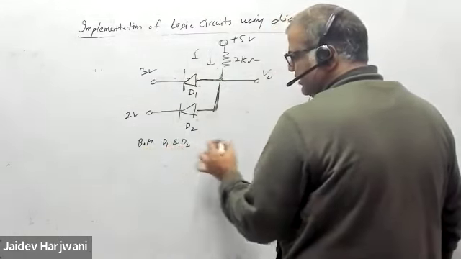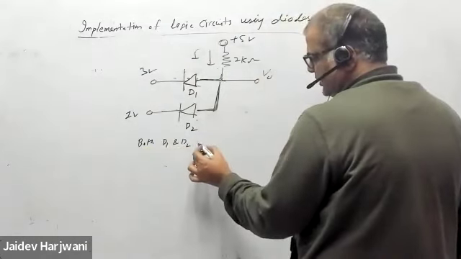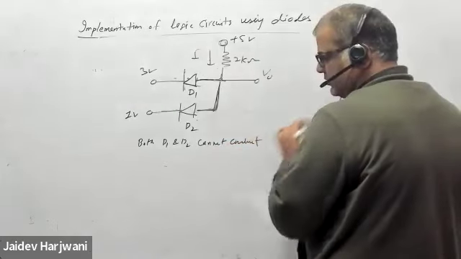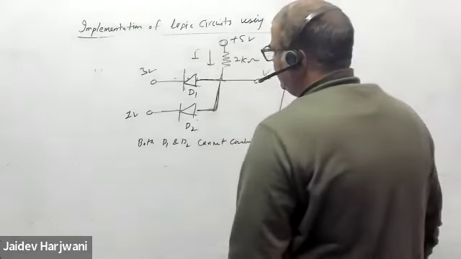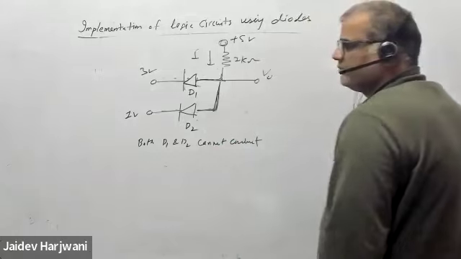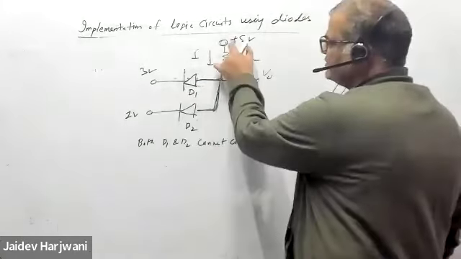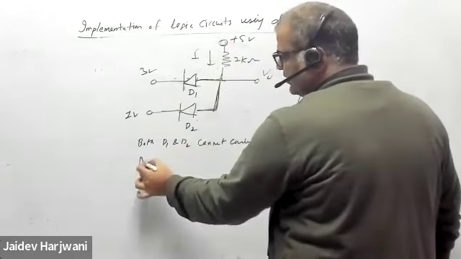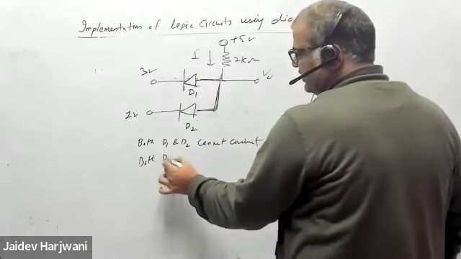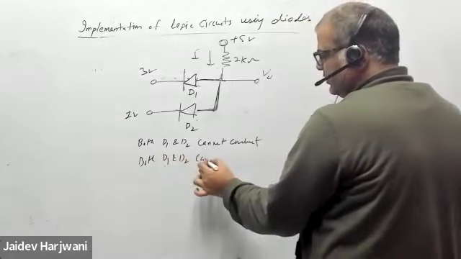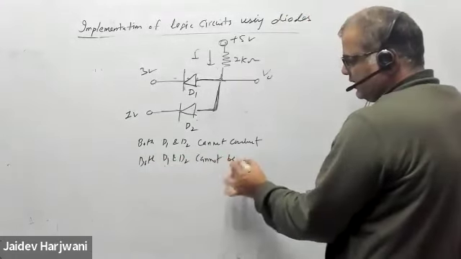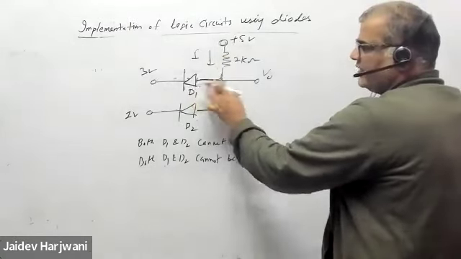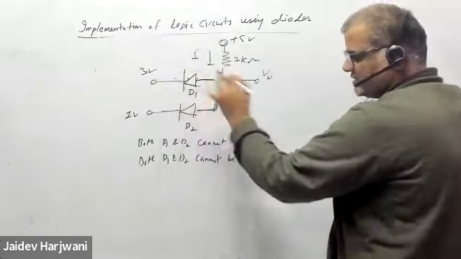Both D1 and D2 cannot be open because the voltage drop VD is positive. You open this, 5 being positive, this voltage is making it positive.